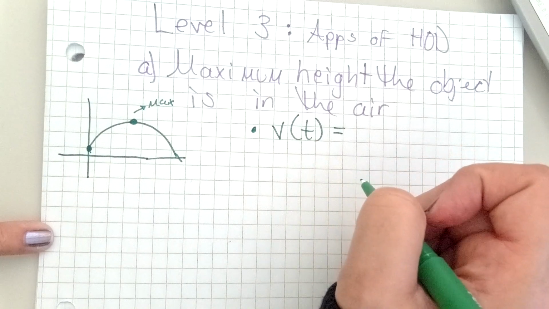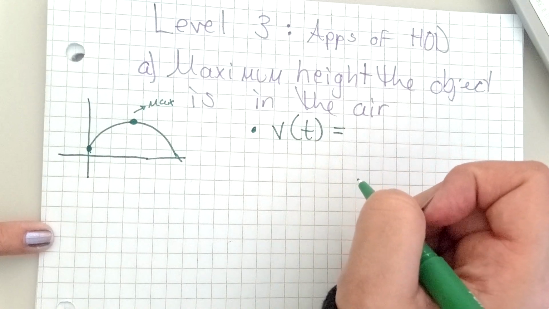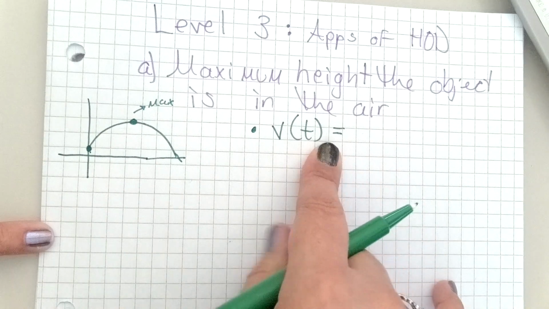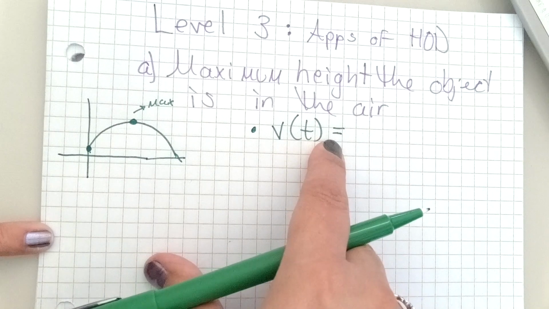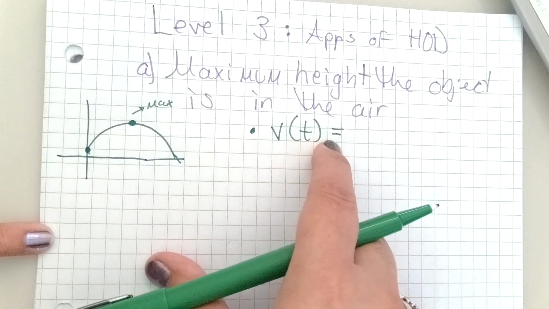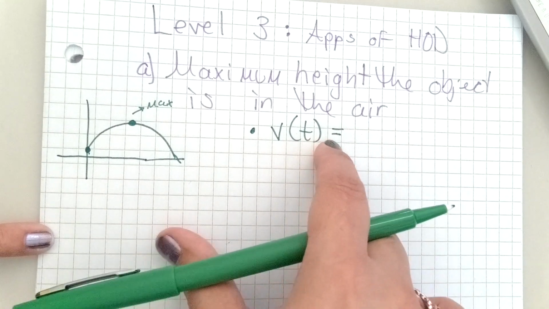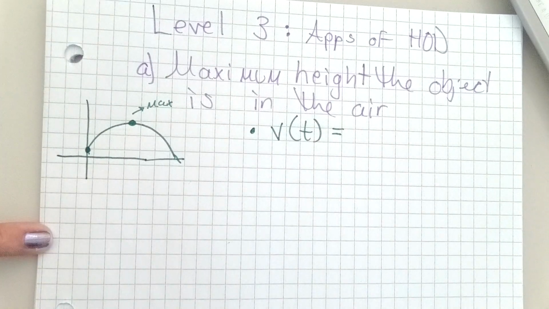Remember, v of t is also... I was just trying to explain to you what it means. What is v of t for calculus? Look at your notes from yesterday. It's velocity, right? But how do you find velocity?